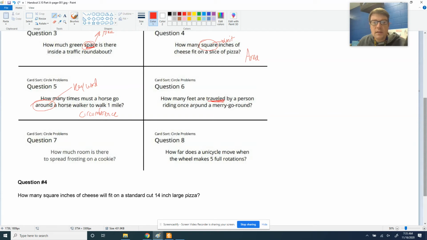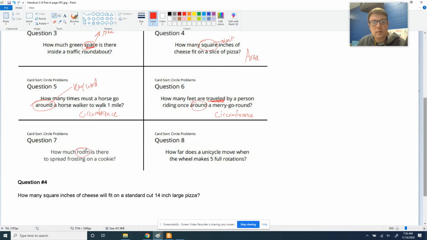If it's a distance, then distance is always going to be a circumference, because area is not a distance, it's a space inside. So anytime you see distance, speed, walking, those are dead giveaways, and the word around, once again, for circumference. How much room is there to spread?